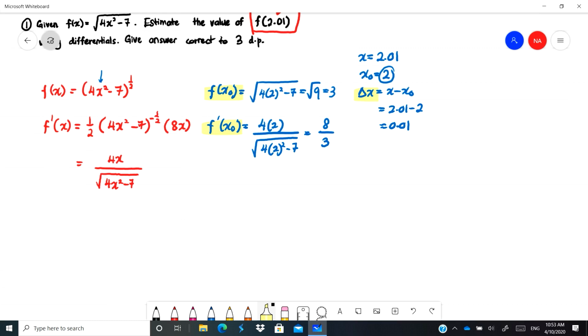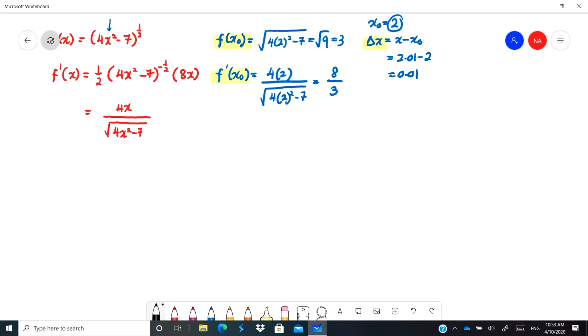We can substitute into the formula, where the formula is given by f(x) is approximately f(x naught) plus f prime x naught times delta x.